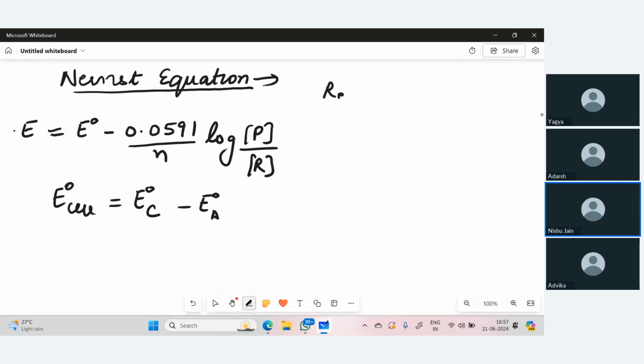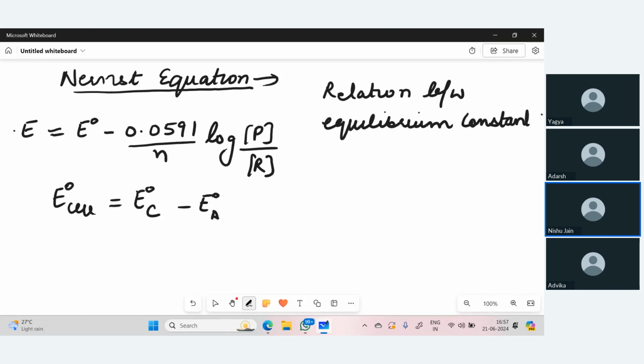We have to do the next topic, which is the relation between equilibrium constant and E cell. What is the relation between equilibrium constant and E cell?